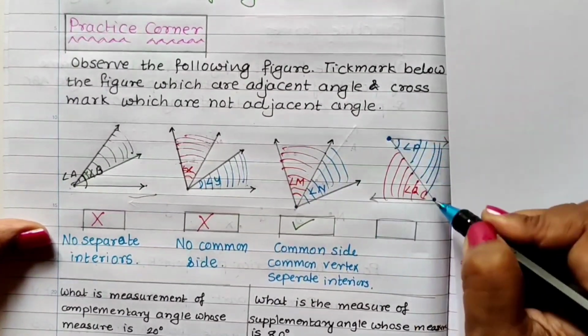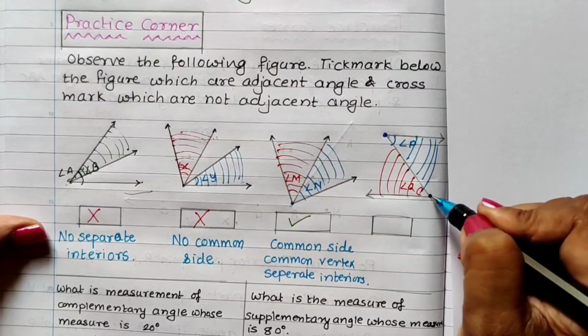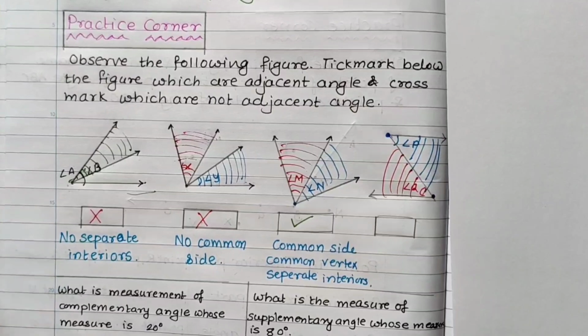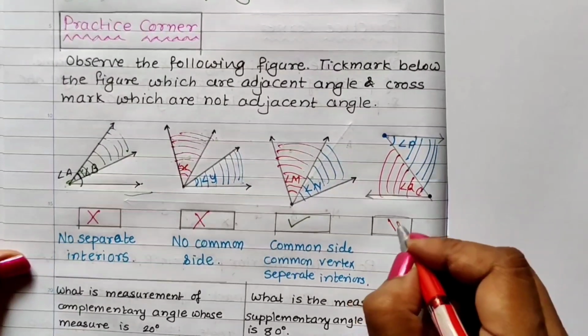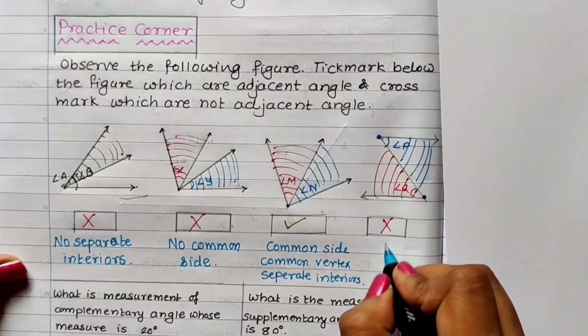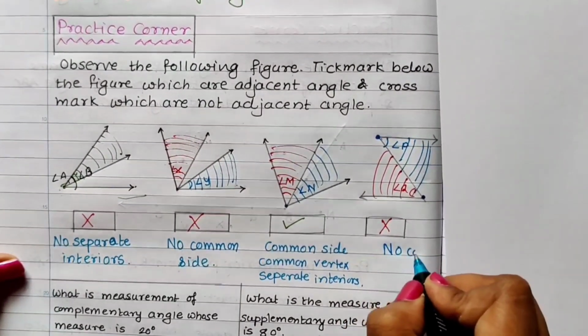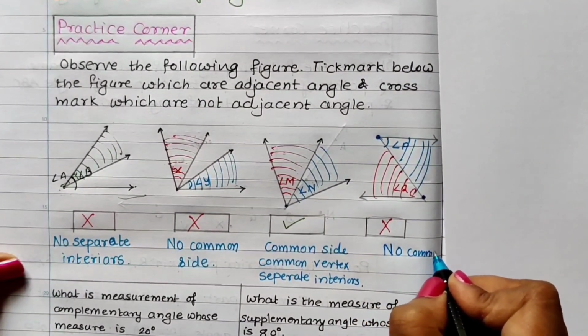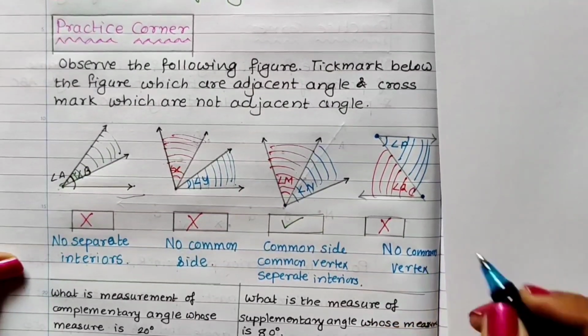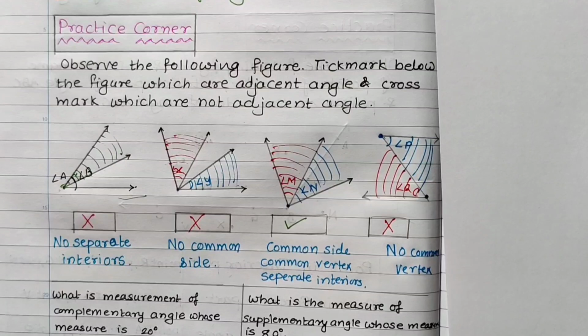This is the vertex of angle Q and this is the vertex of angle P. That means they are not adjacent angles. Why they are not adjacent angles? Because they do not share the common vertex. So no common vertex is the answer for this fourth activity. Okay. Now let us go on our PDF again.